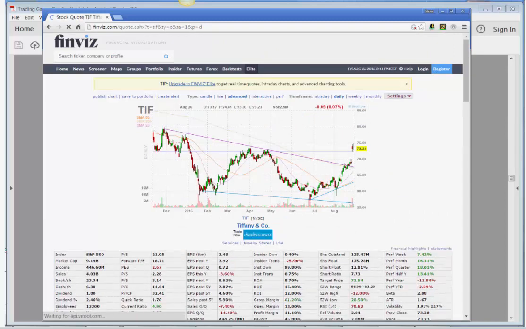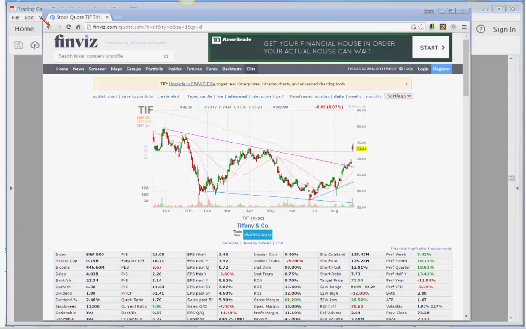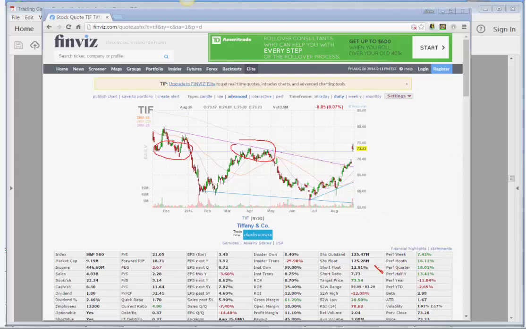Here's Tiffany. Tiffany was coming up. It reported earnings and it gapped up. Where did it gap up to? We're going to cover that in a minute. But it gapped up to basically this level right here, didn't it? And what does it have as far as short interest? Here is the stuff I'm interested in.